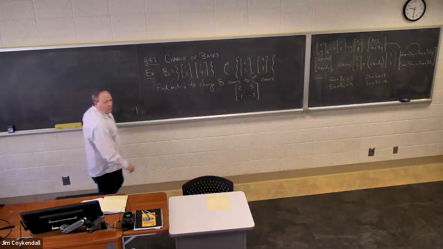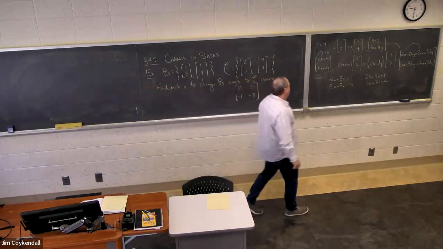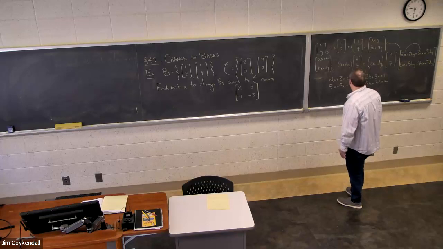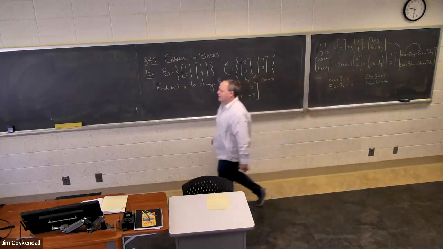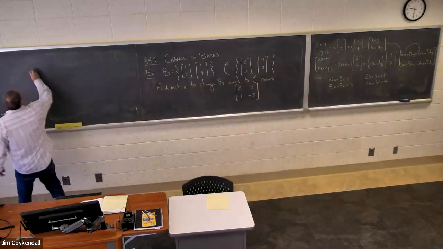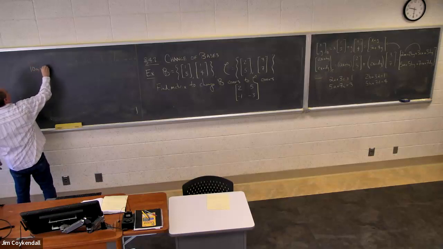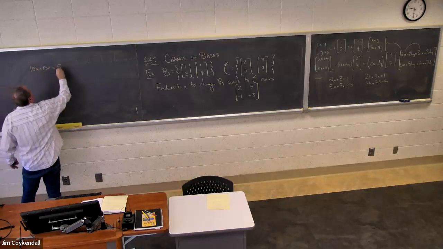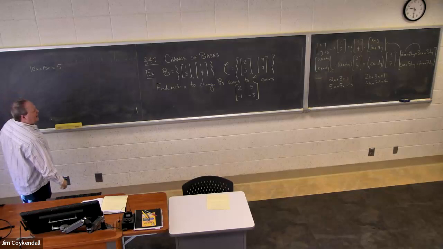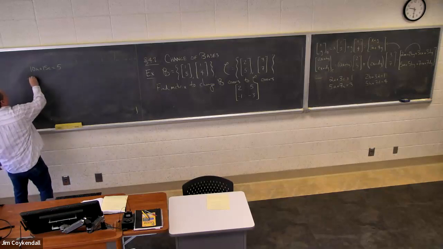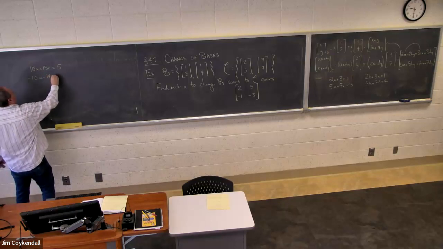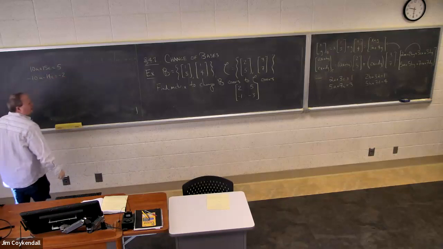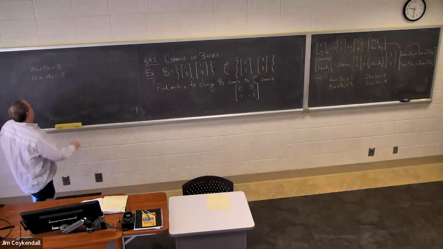In fact, the strategy for working them out is the same. For the first one, I would multiply this by 5 and this by -2. For the first one, I'd get 10A plus 15C is 5, and minus 10A minus 14C is equal to -6.